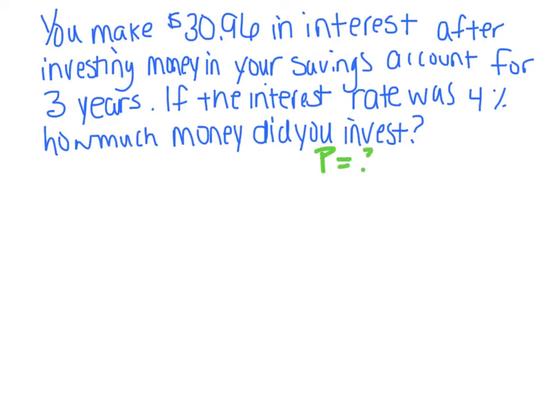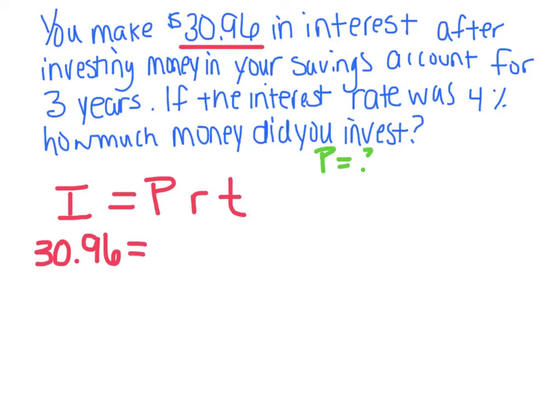So let's start by always recording our formula. Interest equals principal times rate times time. And let's fill in all the values that we know. We know our interest was $30.96. We don't know our principal, so I'm going to keep my p there.